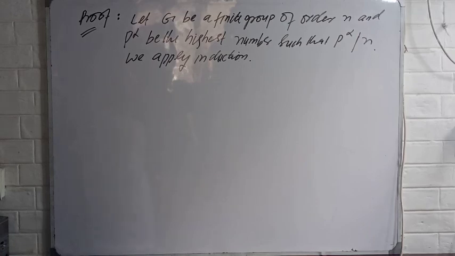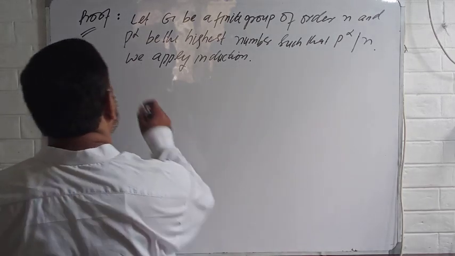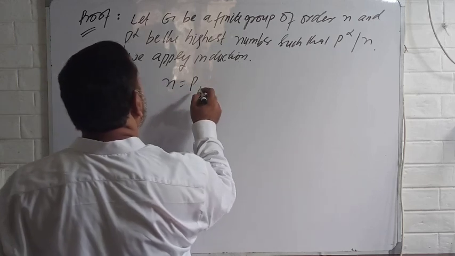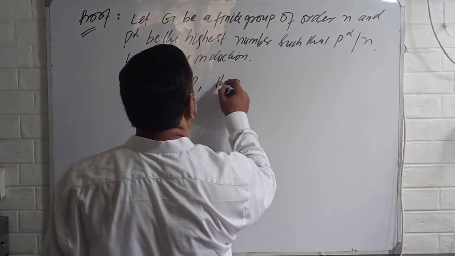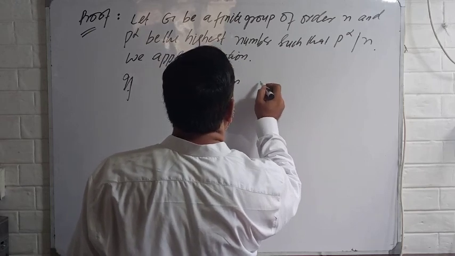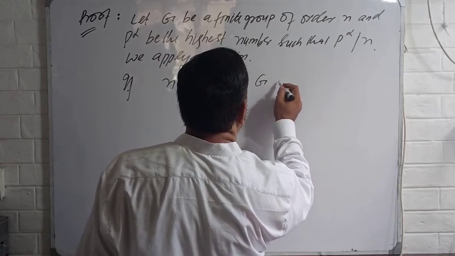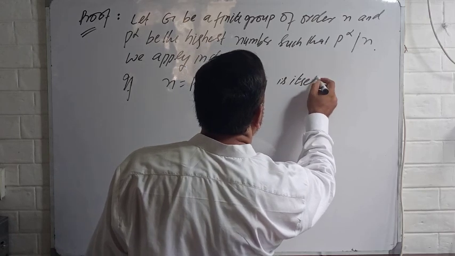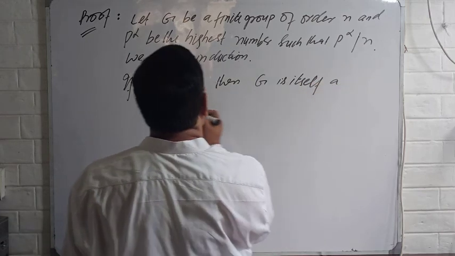If n is equal to p, then G is itself a p-group.